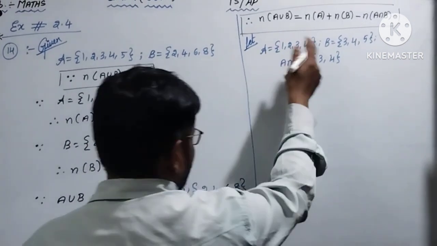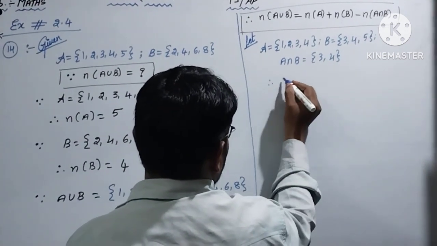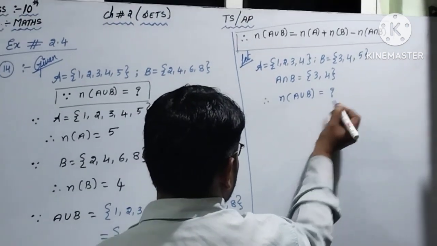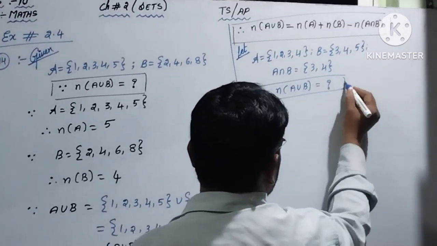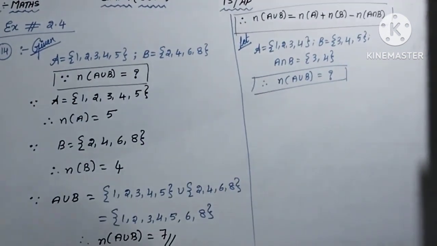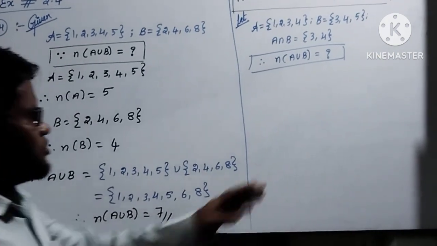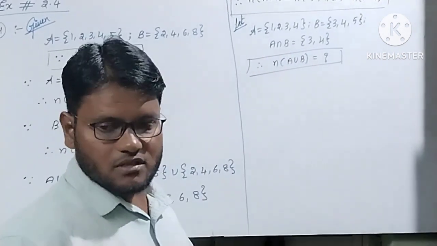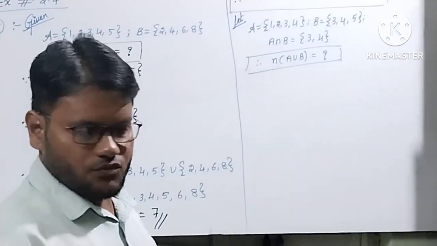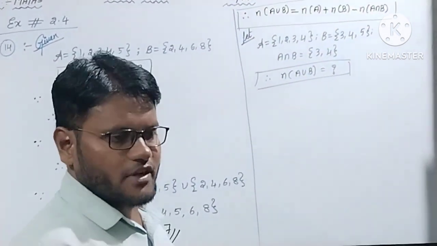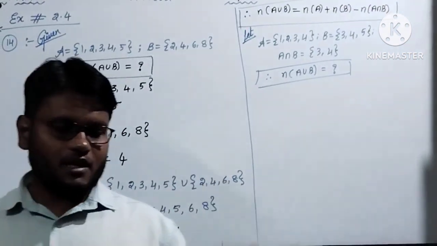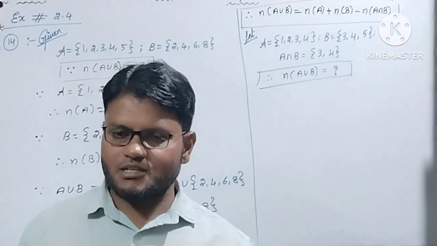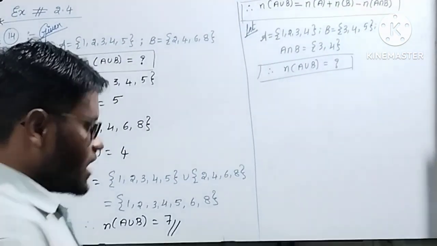Using all this, I have to find n of A union B. We could find A union B, but for n of A union B, use this formula. First write how many elements set A contains, set B contains, and A intersection B contains. First write the number of elements.